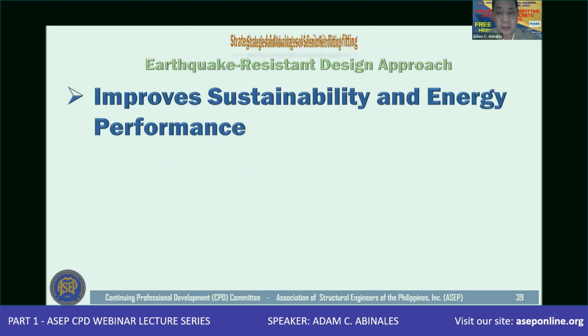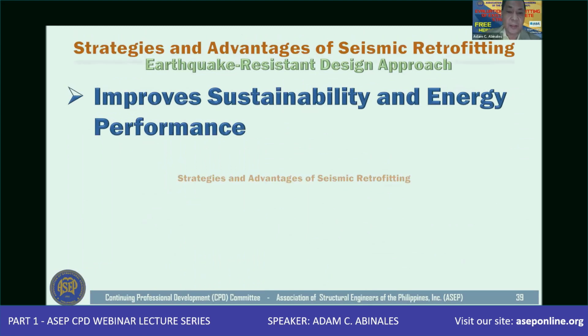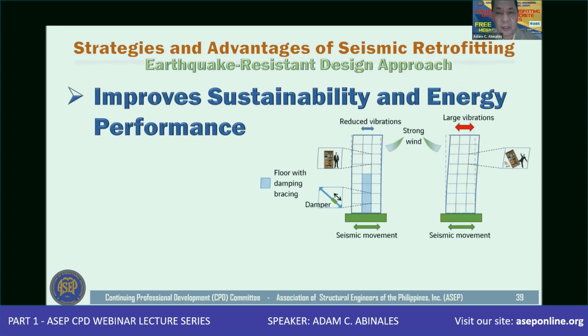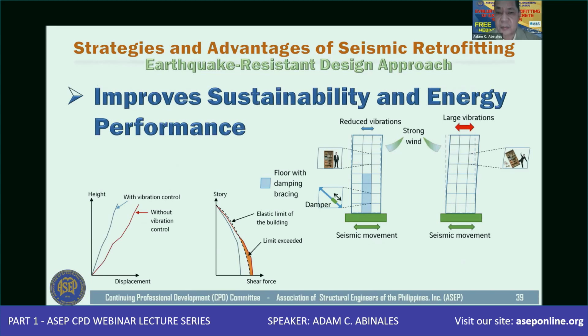It improves sustainability and energy performance of the building. Say, for example, if you are using passive devices or passive systems, like base isolation or a damper or a vibration control device, then you would be able to reduce the vibration of the structure, especially if the structure would be susceptible to large vibrations.